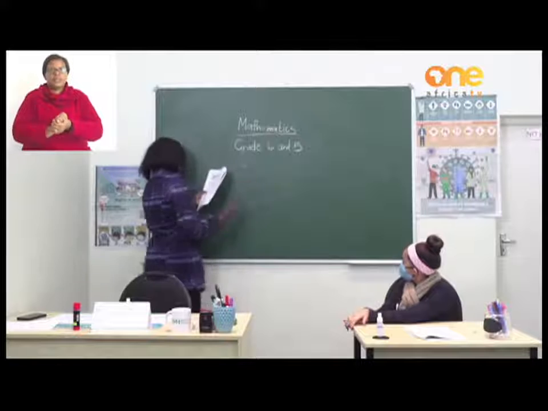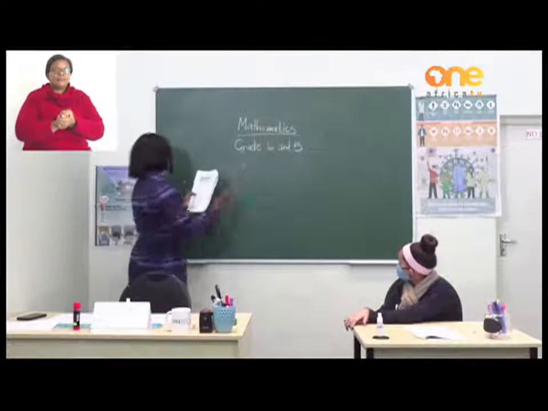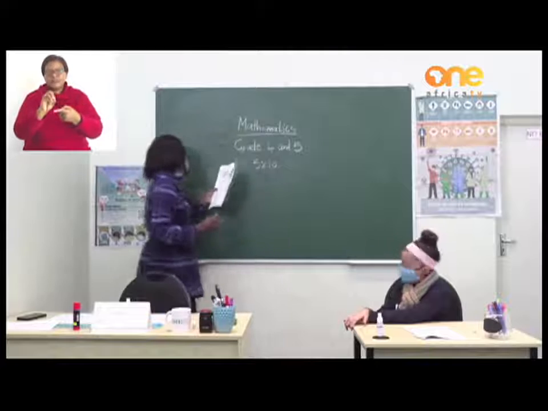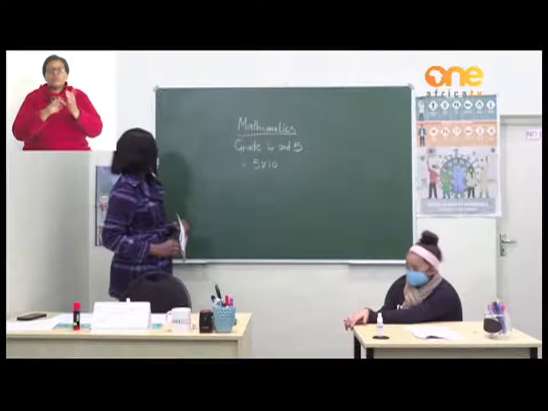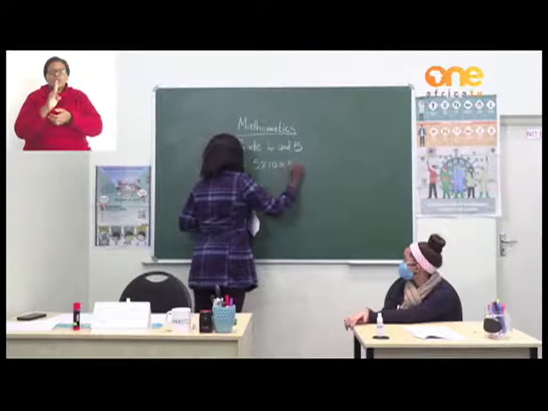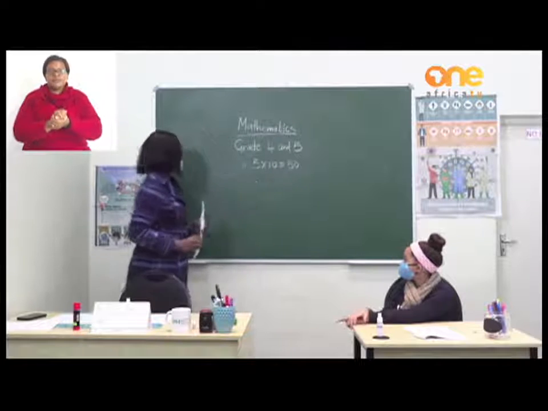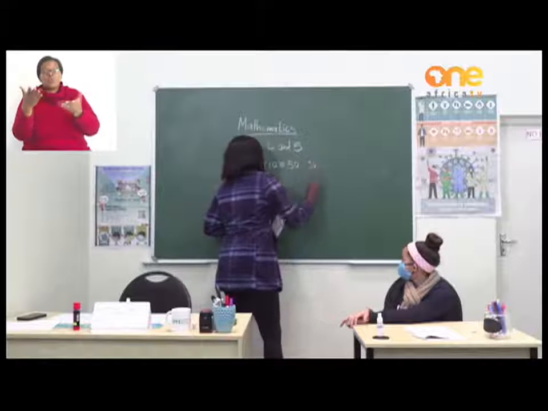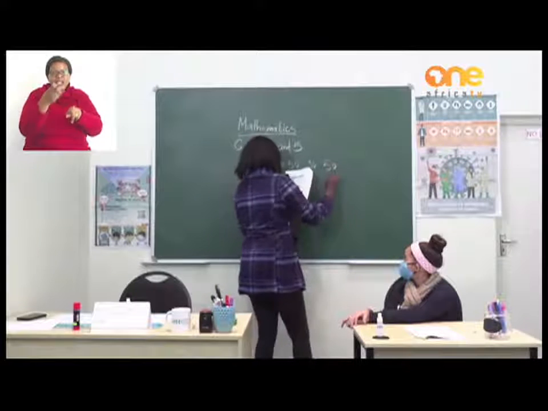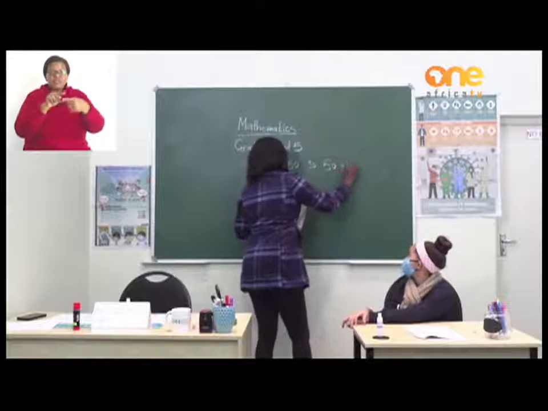Number 1, we have 5 times 10. What is our answer? 5 times 10 is equal to 50. Good. So the inverse operation is the same as 50 divided by 10.